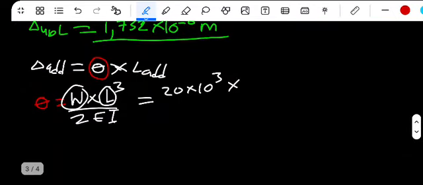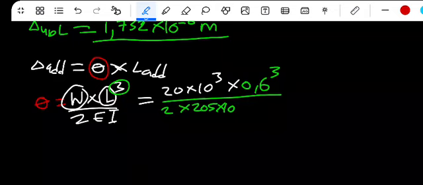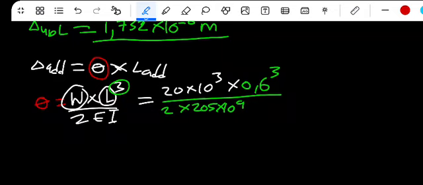So 0.6 cubed, all over 2, times the modulus 205 times 10 to the power of 9, times I. I does not change, we'll have 4.28 times 10 to the power of minus 6. So this is what we have.